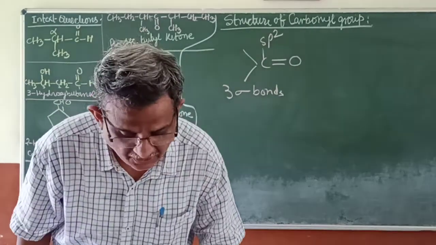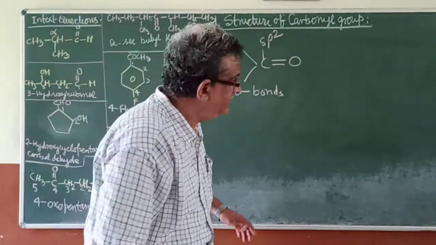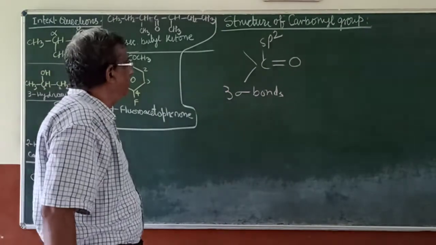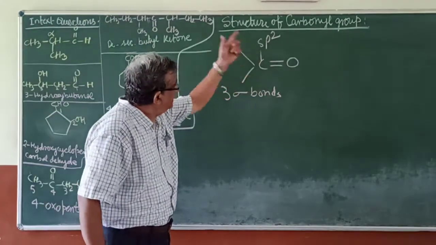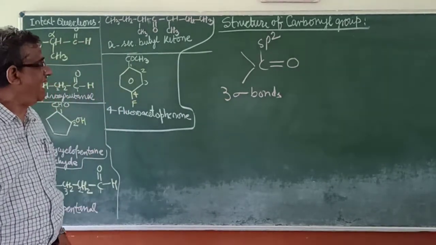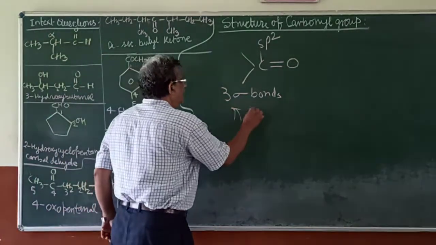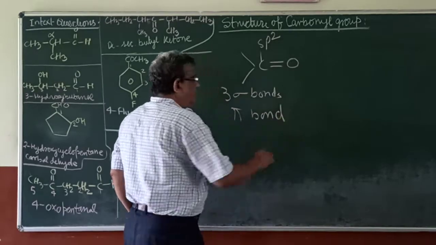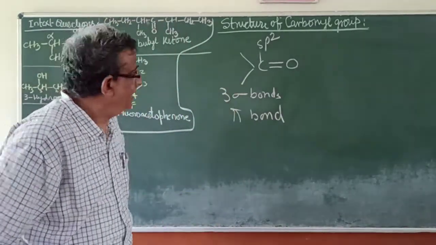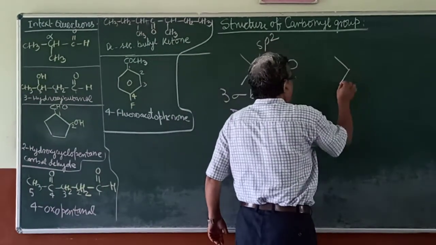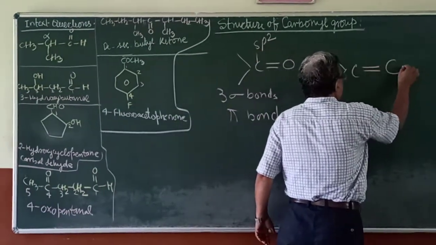The fourth valence electron of carbon remains in its p orbital and forms a pi bond with oxygen.